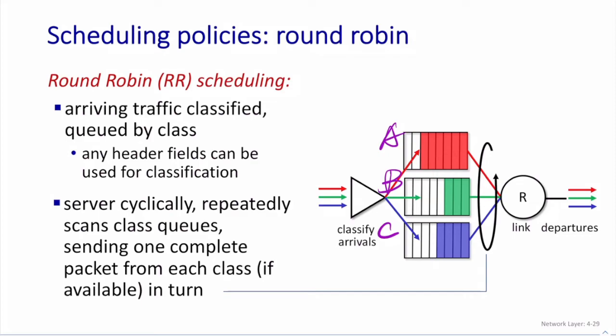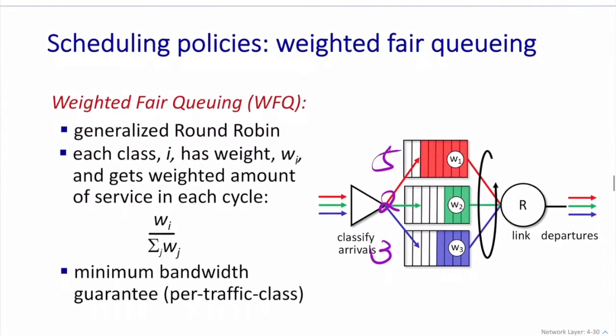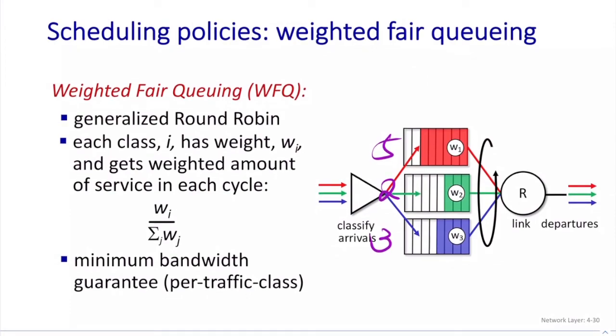This is very straightforward. Round robin has another version which is called weighted fair queuing. For weighted fair queuing, WFQ, you can simply set different weights on the queues.